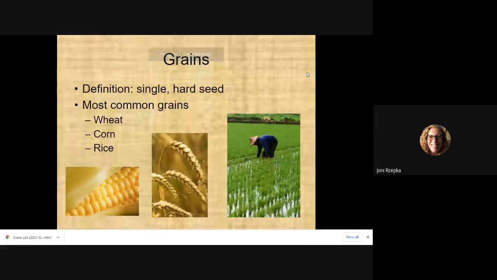Okay, so these are some things I'd like you to add to your notes. So wheat, if you could maybe put in parentheses or off to the side that wheat is the most popular grain in the United States, and it's used to make flour, breakfast cereals, and pasta.